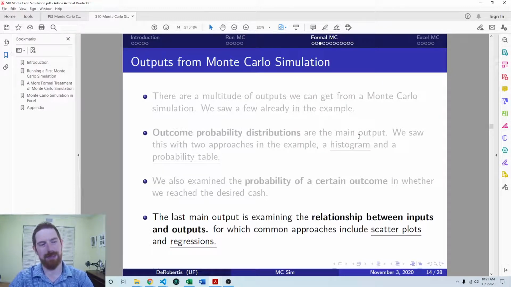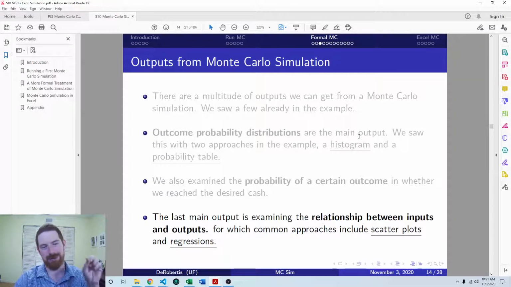And then the last main output, which we haven't looked at calculating yet, and we're going to do in the next video where we add Monte Carlo simulation to the dynamic salary retirement model, is that we can look at the relationship between the inputs and the outputs. We can use Monte Carlo simulation similarly to sensitivity analysis, where we're trying to see what changing an input does to the model.